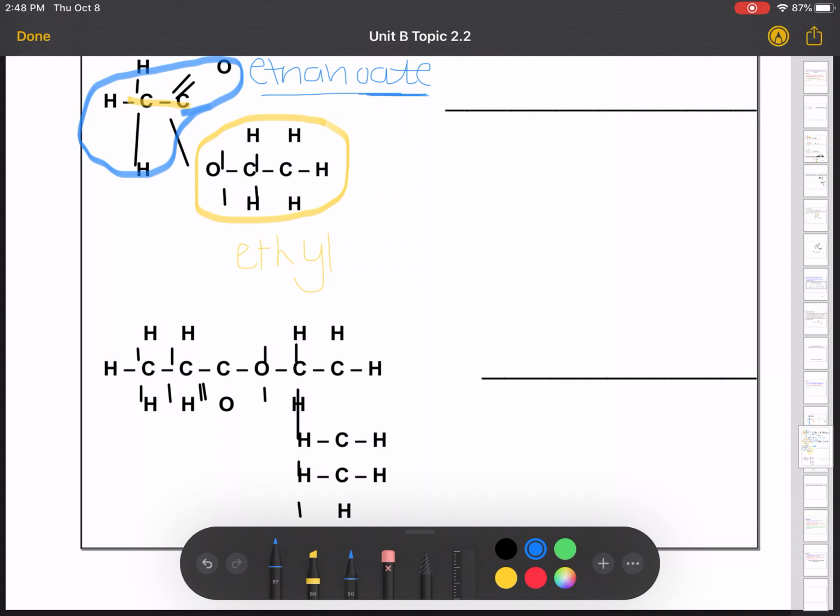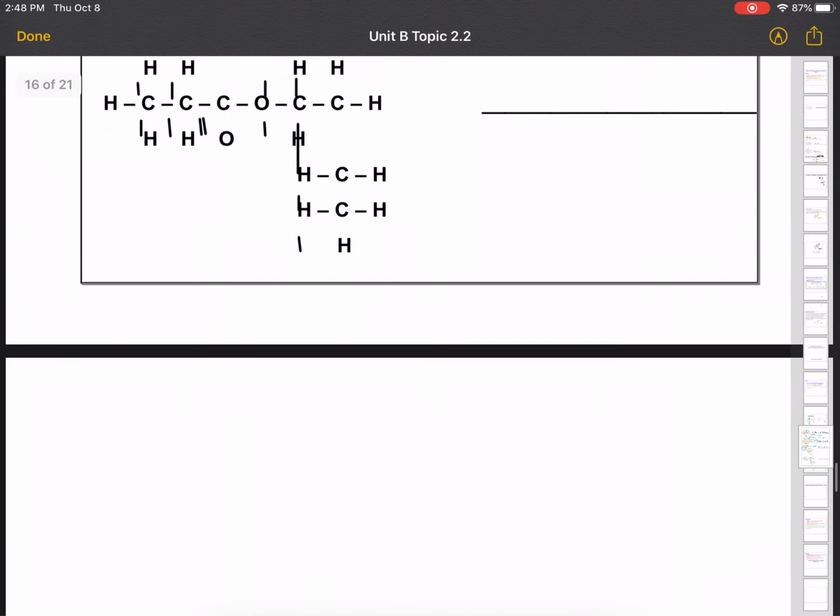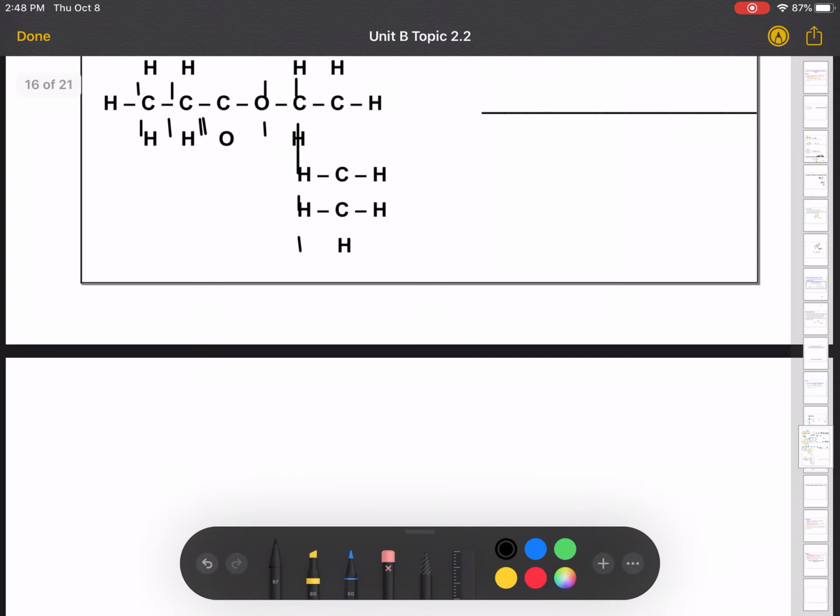And the yl ending goes on your alcohol. So our final answer would be ethyl ethanoate. I feel like these might be even easier to name than some of the other ones we've done, but as long as you know all of them, when you get to your diploma, that'll help you solve this stuff.